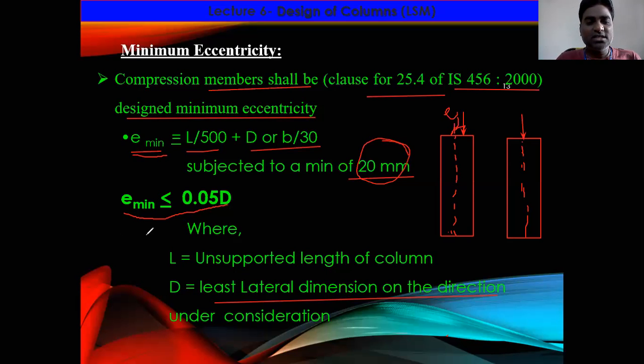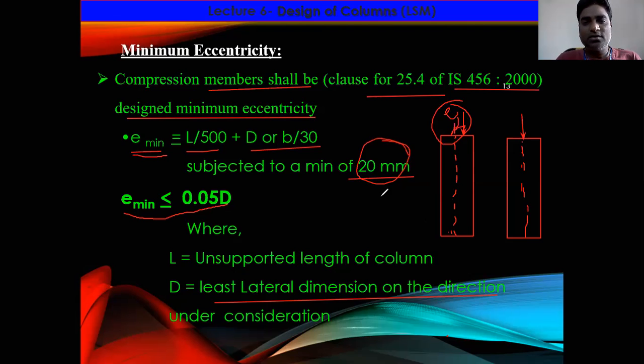If it is an eccentrically loaded column, due to the eccentricity it will develop an extra moment in the member, right? So while designing, you need to take care of that moment also. That is e into the load, which is called moment. And this moment depends upon the eccentricity, the distance from the axis.